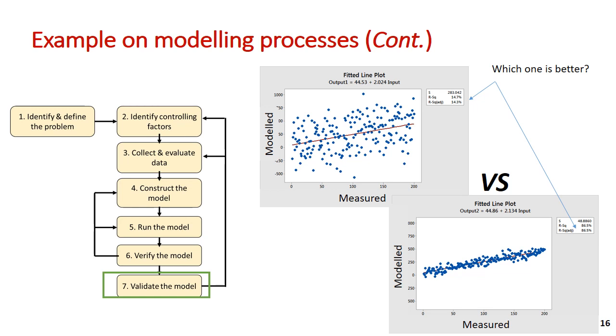But once we get an acceptable matching, how would you know whether our matching or our R square is acceptable or not? We have to go back to the literature and look at the studies. What should be the value between measured and model data for this particular index or factor?